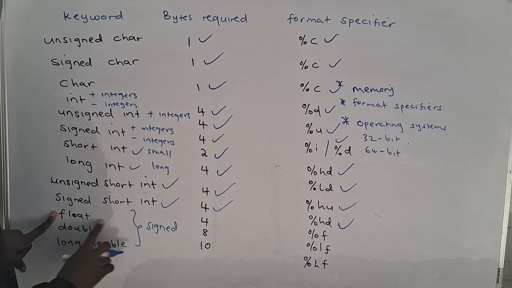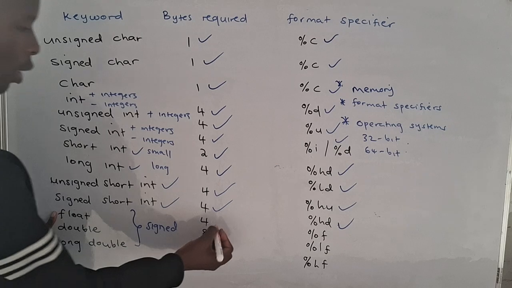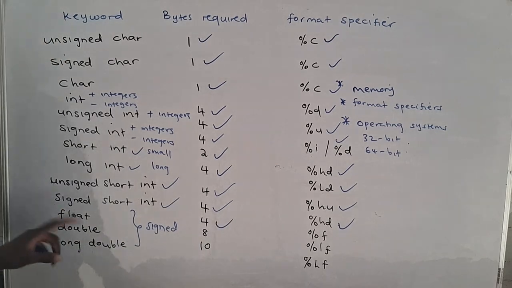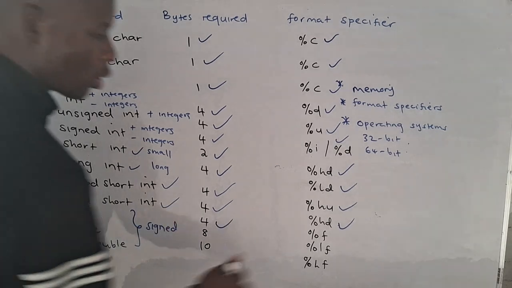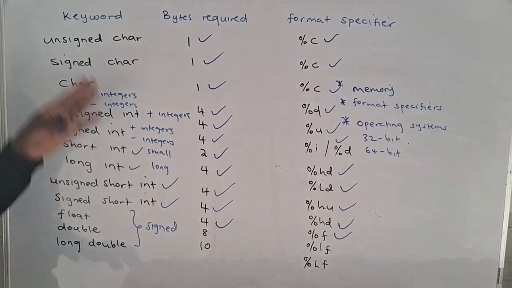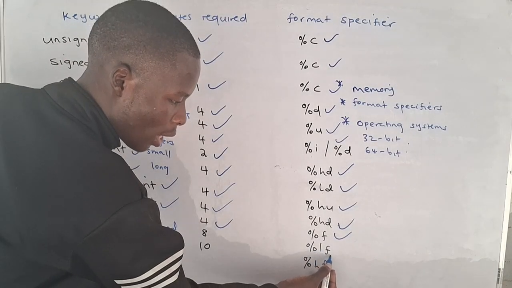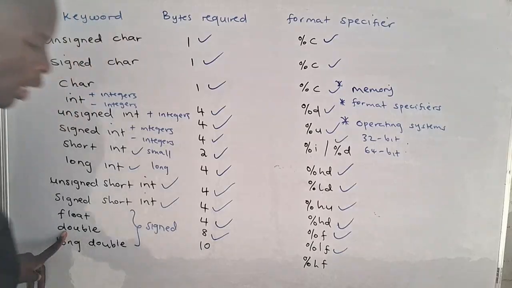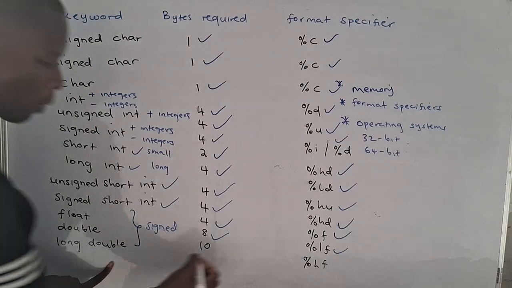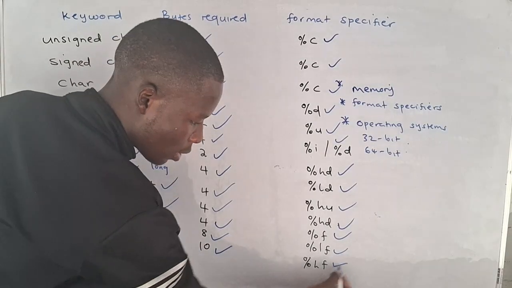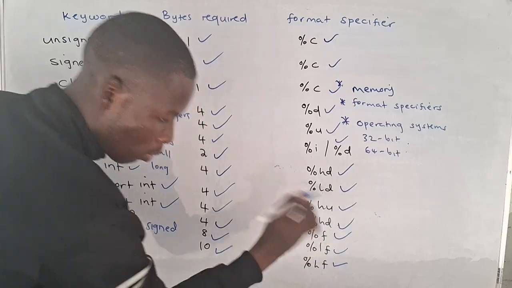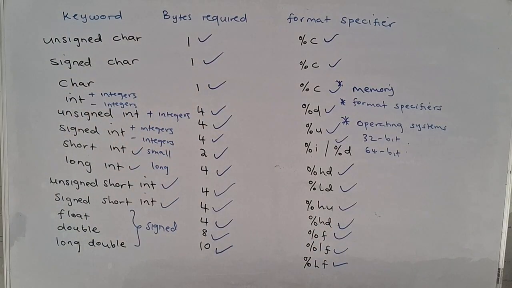The simple float is going to take 4 bytes. If you want to print this, you use the %f format specifier. For double, you use %lf, and this will take 8 bytes. For long double, you need 10 bytes, and you use %Lf. This is all about the size which is required.